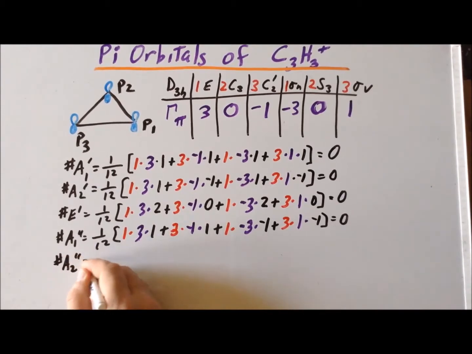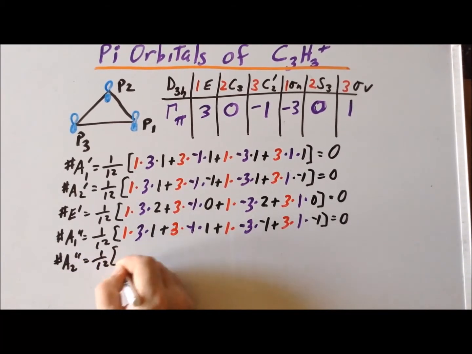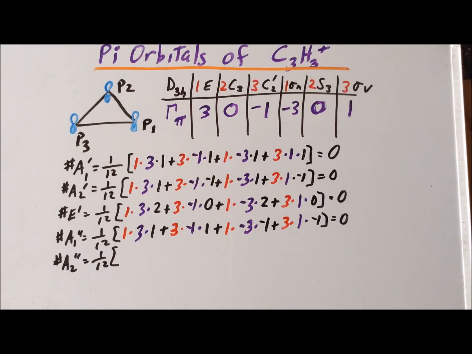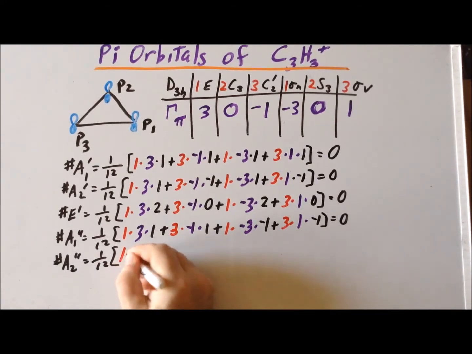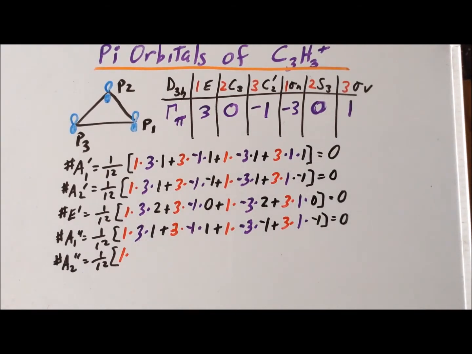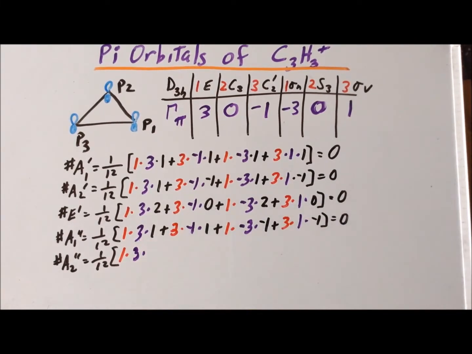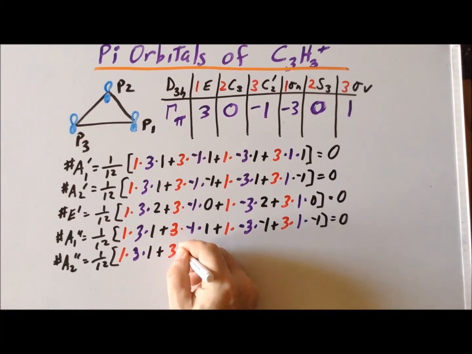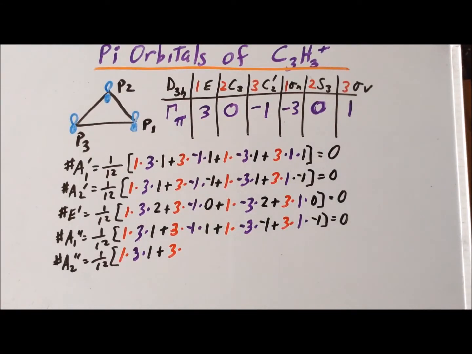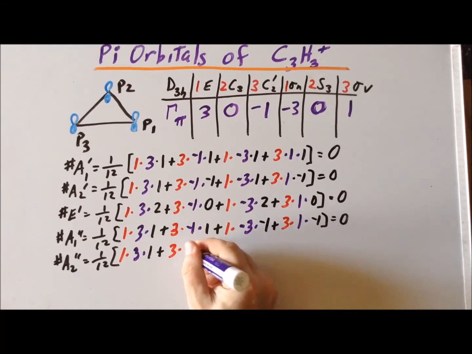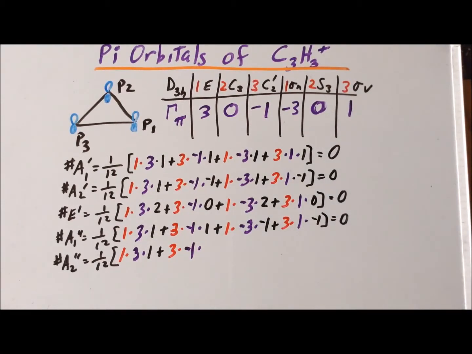A2 double prime. One. One plus 3 times -1. And then the character is a -1 here.